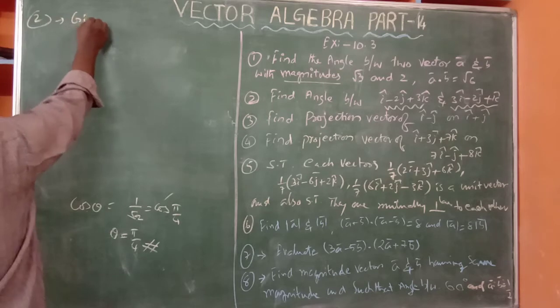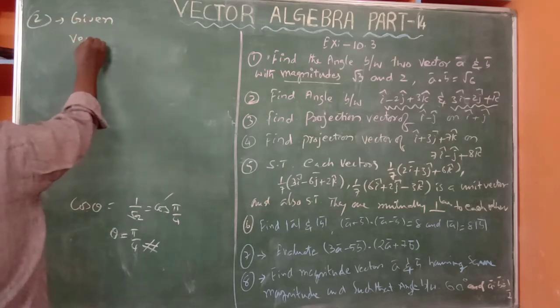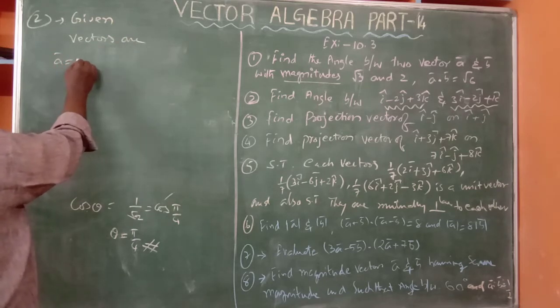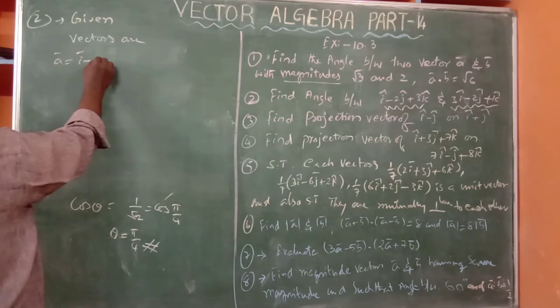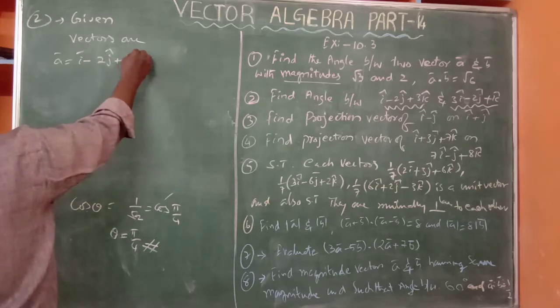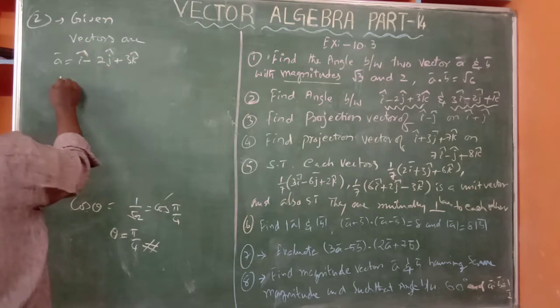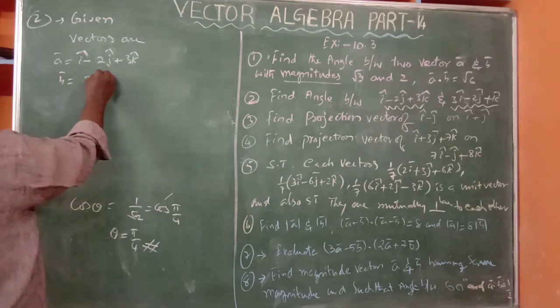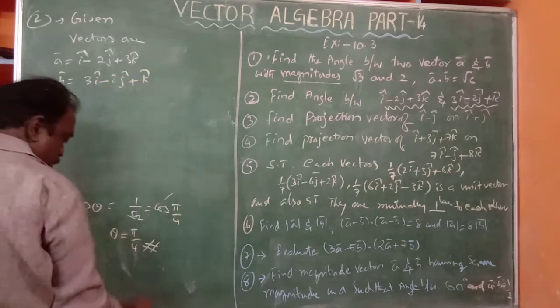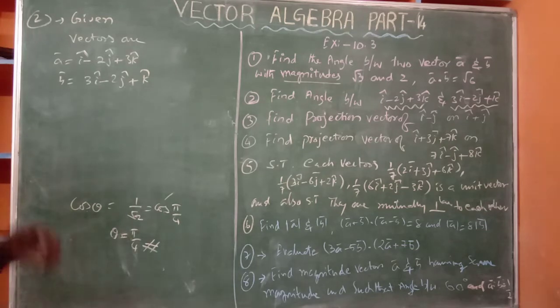The given vectors are a bar is equal to i minus 2j plus 3k, b bar is equal to 3i minus 2j plus k. We are given two vectors. Here the vectors are in components. These are called component vectors.